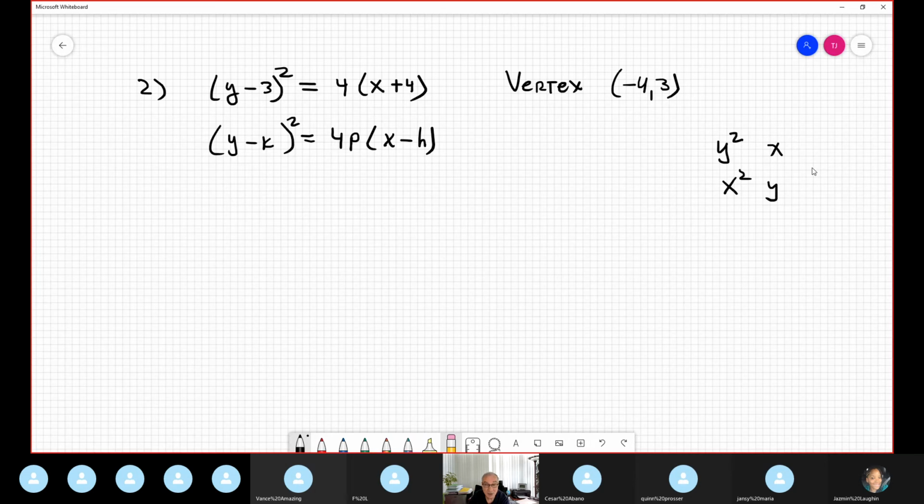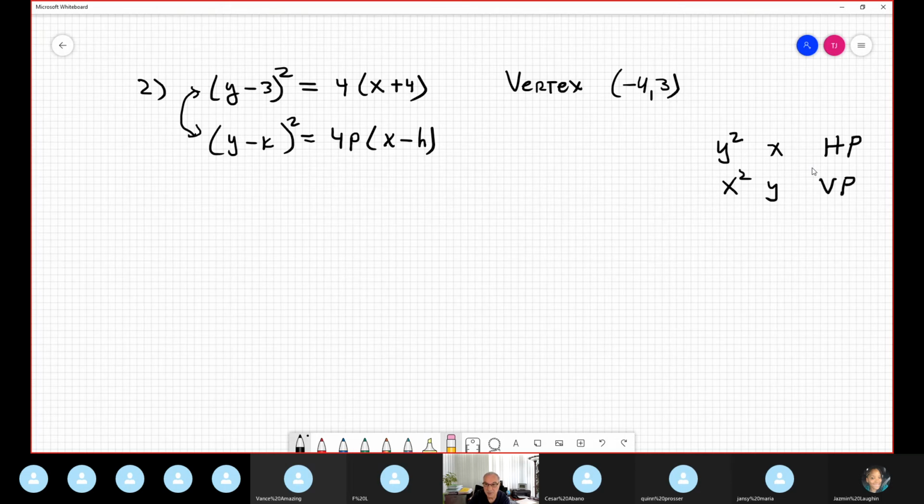Now, what kind of parabola is it? Compare this equation and this equation. It is obvious that k is positive 3 and h is negative 4. This is the vertex. When y is squared and x is not, it is a horizontal parabola, and this is a vertical parabola.